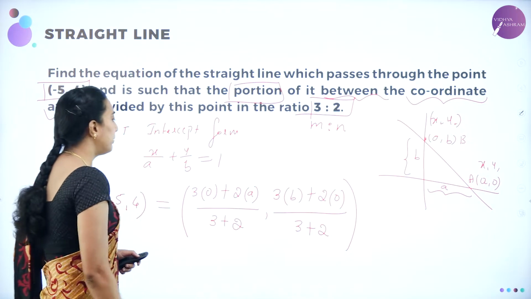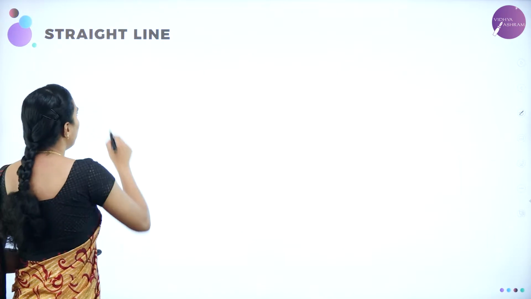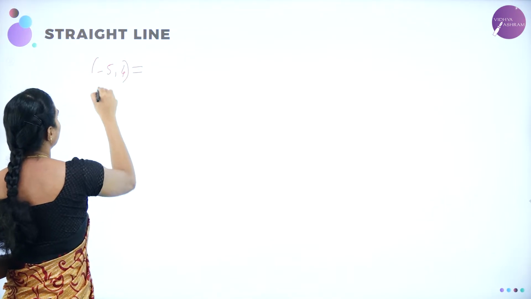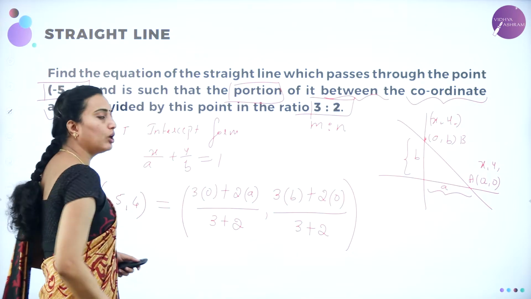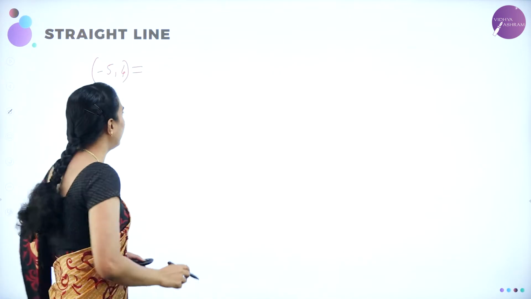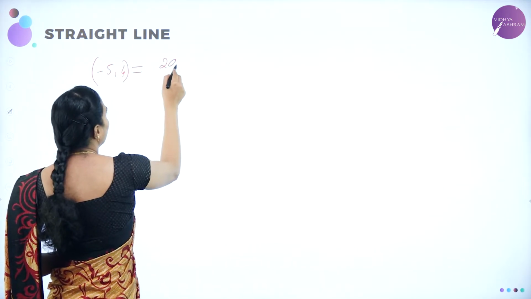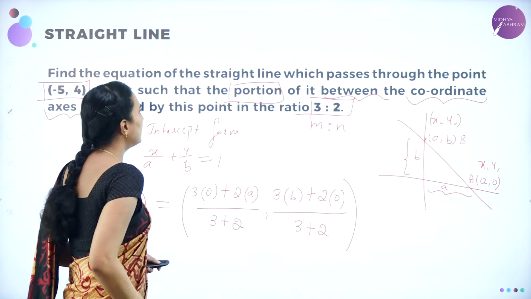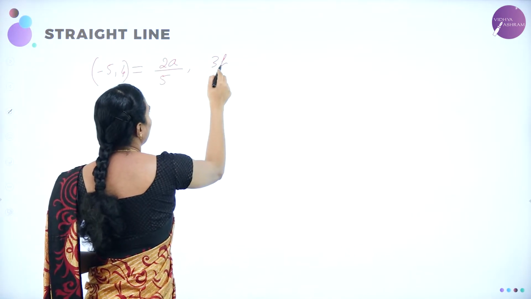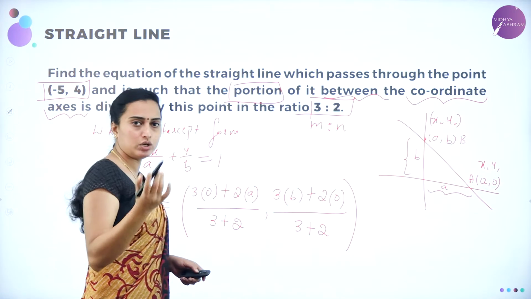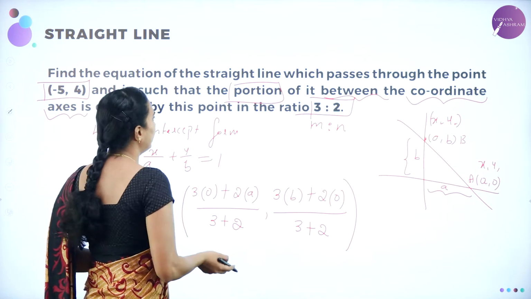So therefore, by solving this further, minus 5 comma 4 is equal to 3 into 0 is 0, 2 into a is 2a, divided by 5, comma, 3 into b is 3b, plus 2 into 0 is 0, 3b plus 0 is 3b only, divided by 5.